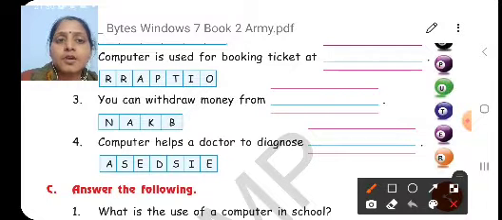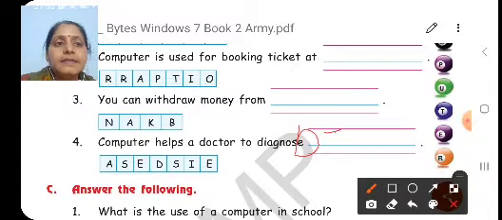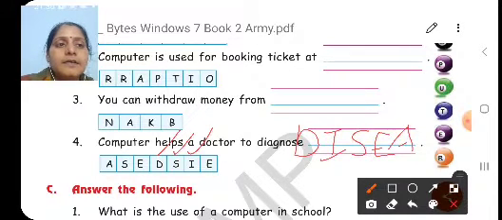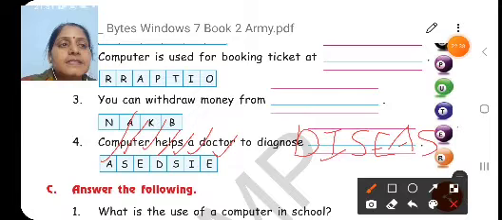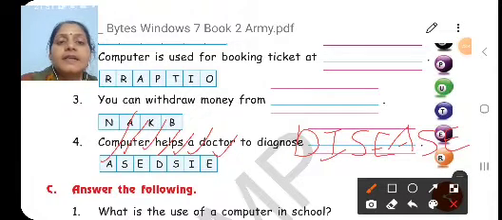In disease, first we will write D. We will write D here first, then I. We took D, I, S, E, A, then S, then E. So this is disease. So children, computer helps a doctor to diagnose disease.